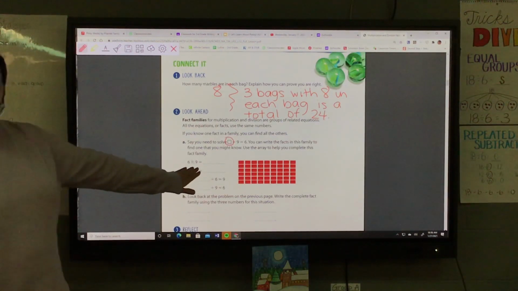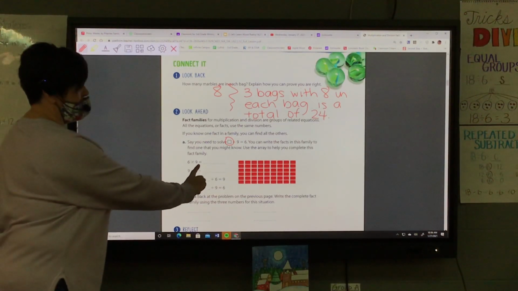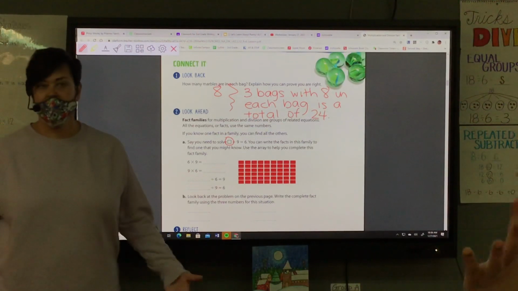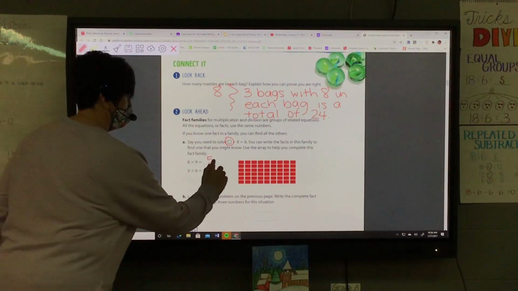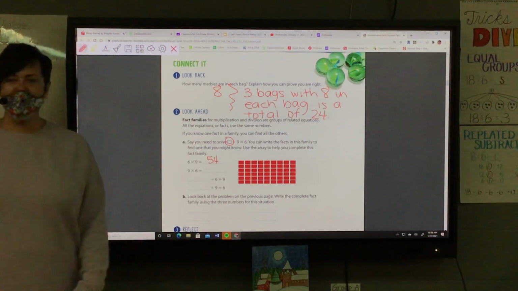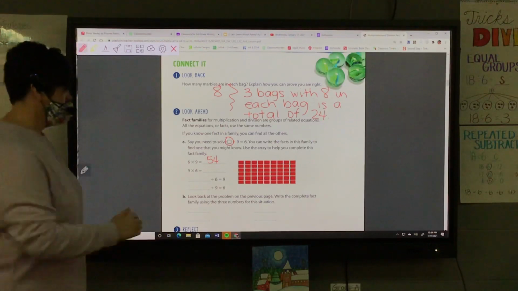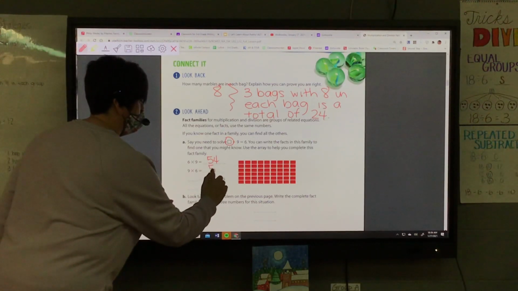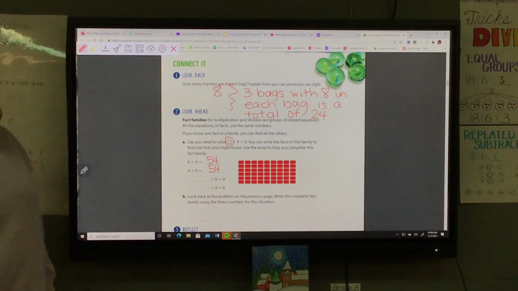Look down here, is that what they did? Yeah. 6 times 9 equals, who knows what it equals? Shout it out if you know. 54. Well then, what does 9 times 6 equal? 54. Let's look down at the division.